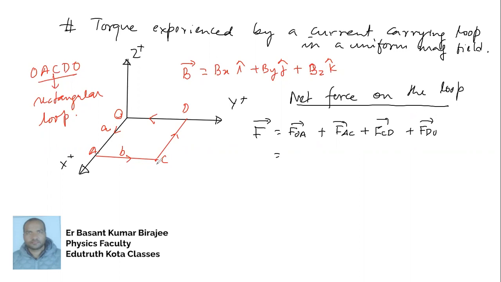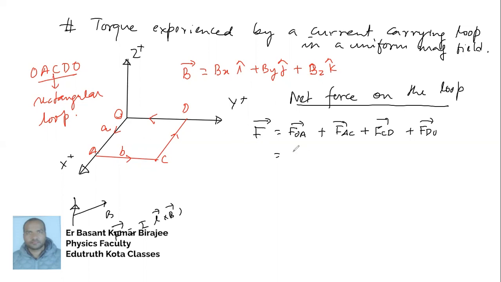So what about this force? You have studied the force experienced by a straight conductor in a uniform magnetic field. What is it? F equals I L cross B. We studied this, and we will use the same thing here for OA arm.